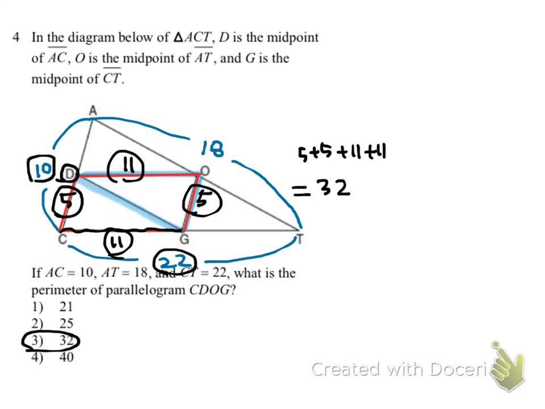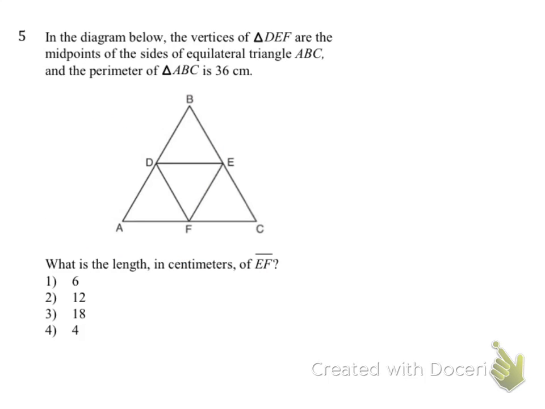Alright, let us move on to the next question, number 5. In the diagram below, the vertices of DEG, which is the small triangle inside, are the midpoints of the equilateral triangle. Since it is an equilateral triangle, all three sides are equal. This side is equal, this side is equal, so is this side. Now, the perimeter of the triangle ABC is 36.